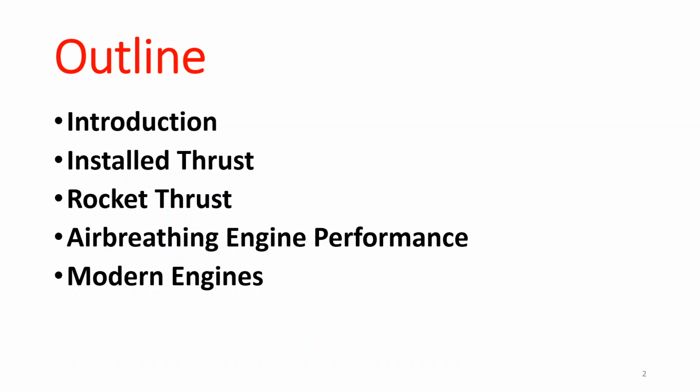Then we will move on to rocket thrust, air breathing engine performance, and modern engines. I expect this chapter to be done in 3 lectures. In the first 2 lectures, we will go over the equations and the material, and for the third lecture, we will solve some example problems.